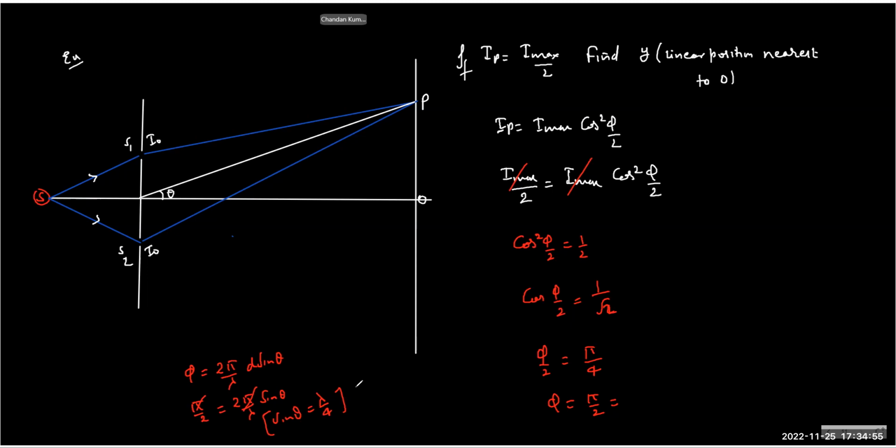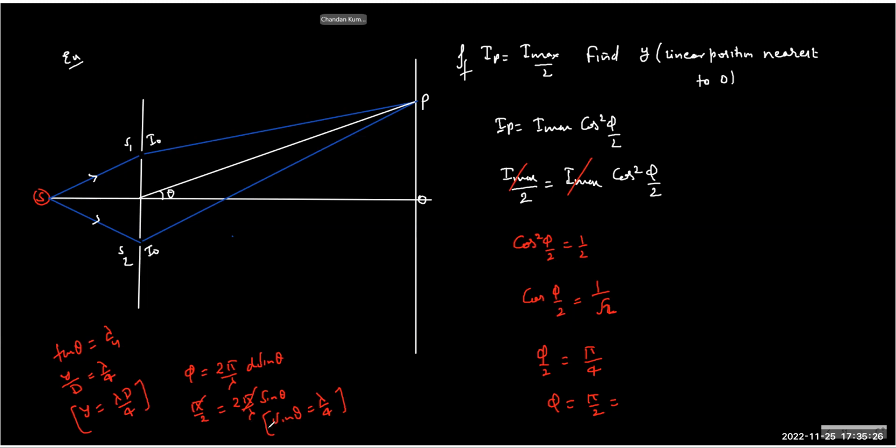So sin theta is lambda by 4, right? Understood? And then we can attach tan theta. It is lambda d by 4.